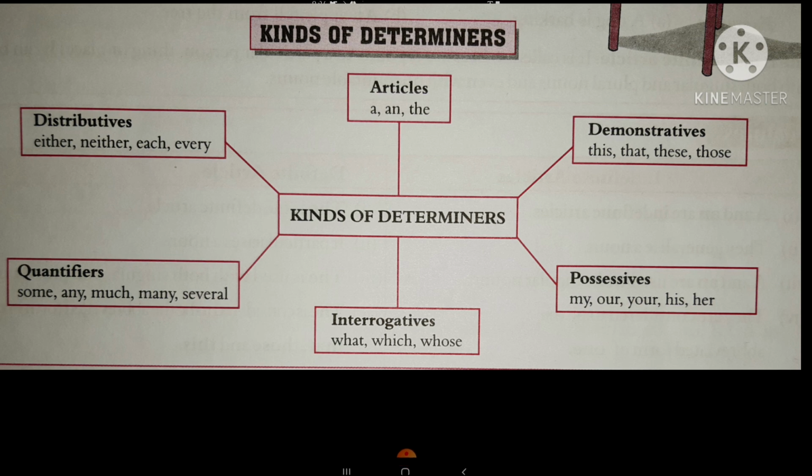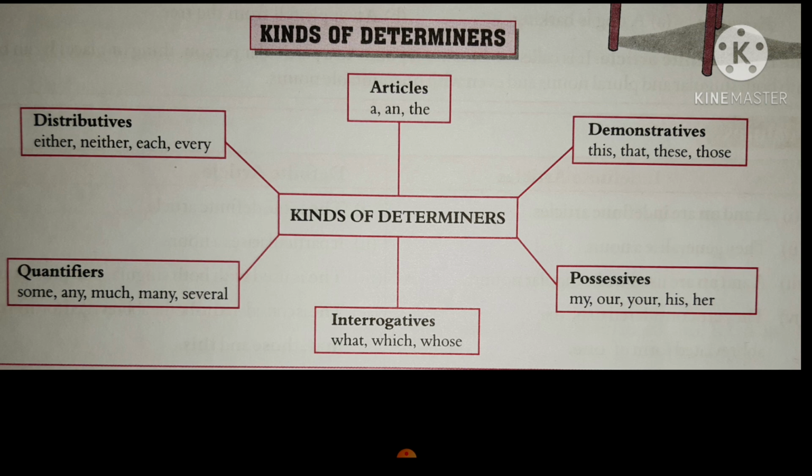And the last one is much and many. Much we are using to refer to quantity that is an uncountable noun. For example, the news gave my mother much relief. Relief is an uncountable noun because it is an abstract noun. So, in order to use with an abstract noun or an uncountable noun, we have to use much.